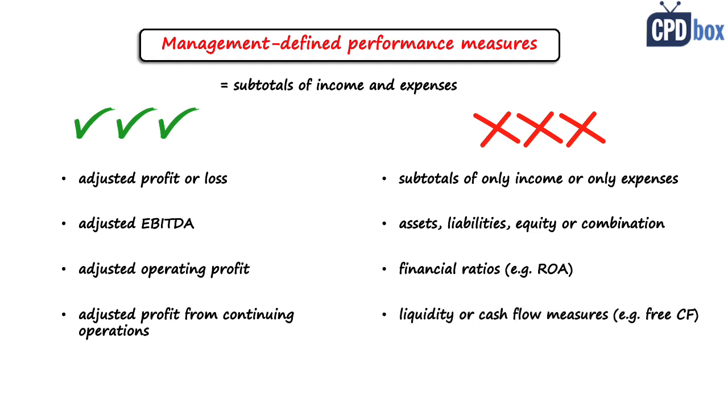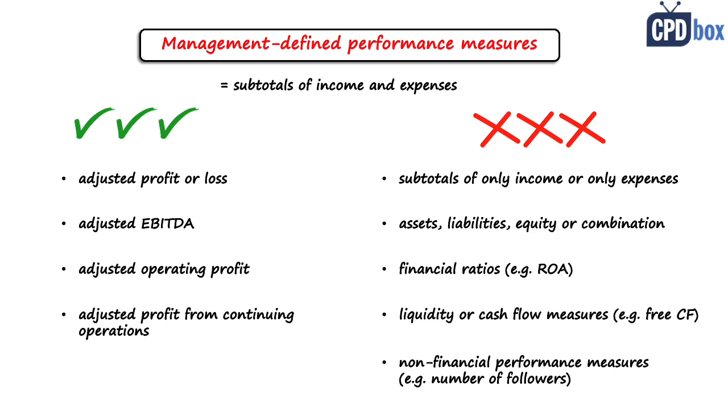Liquidity or cash flow measures like free cash flows. And of course, non-financial performance measures, for example, number of followers on social networks. You can communicate those publicly, but they are not management-defined performance measures in IFRS 18, and therefore you do not need to work out all those necessary disclosures for these measures.